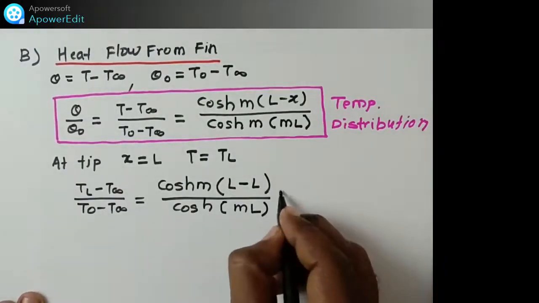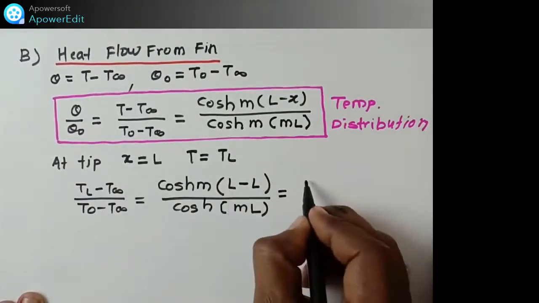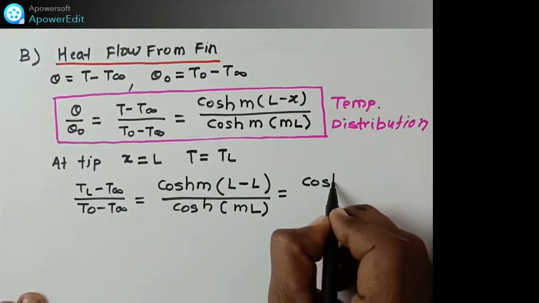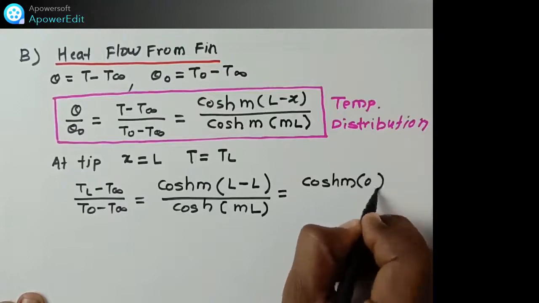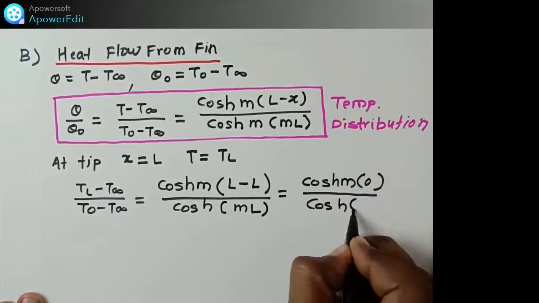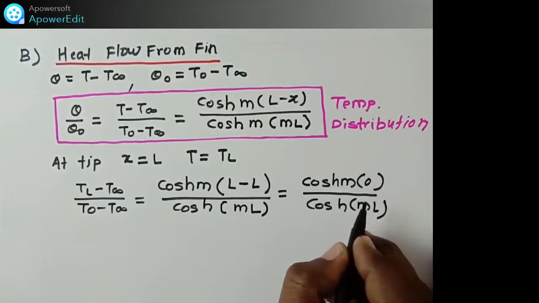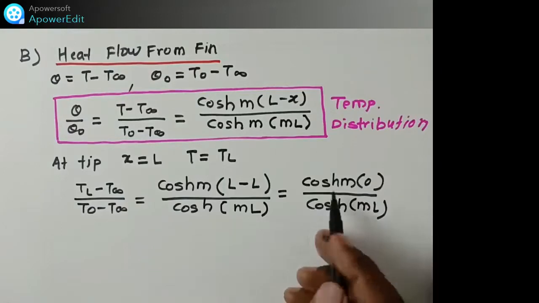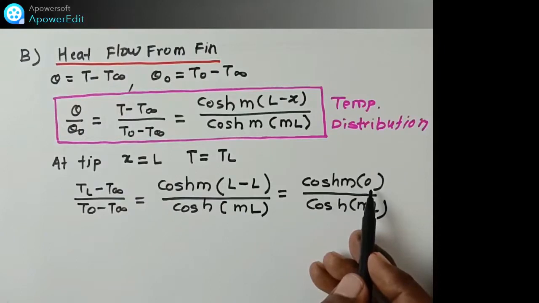Now here L minus L will be what? 0. So here cosh m of 0 divided by cosh ml. Here cosh of 0 will be what? 1.